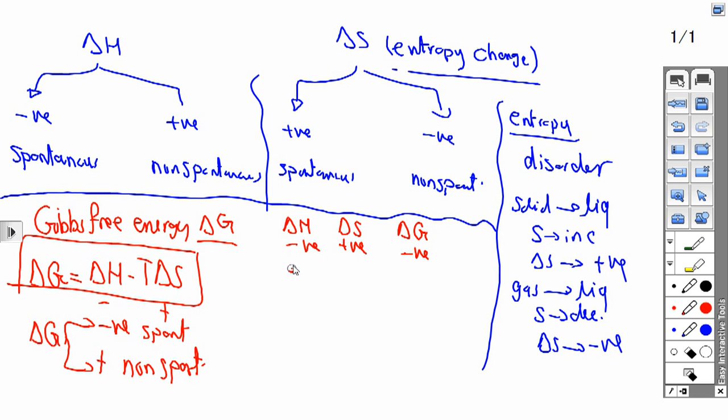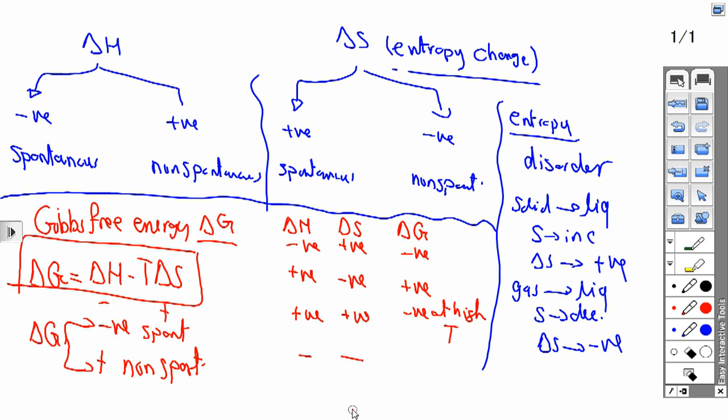If delta H is positive and delta S is negative, delta G is positive and the reaction is not spontaneous. If delta H is positive and delta S is positive, when does the reaction become spontaneous, with delta G negative? When this value, T delta S, becomes high, when the temperature is high. So if both are positive, the reaction will be spontaneous at high temperature.